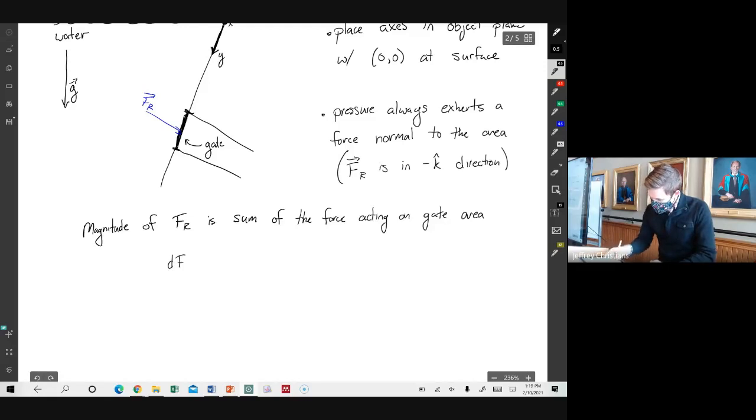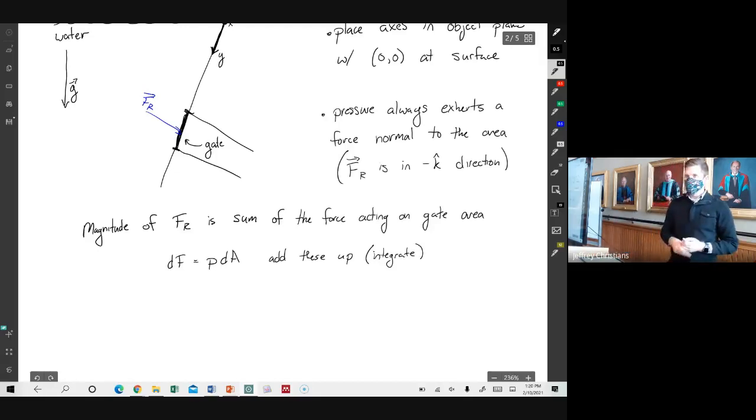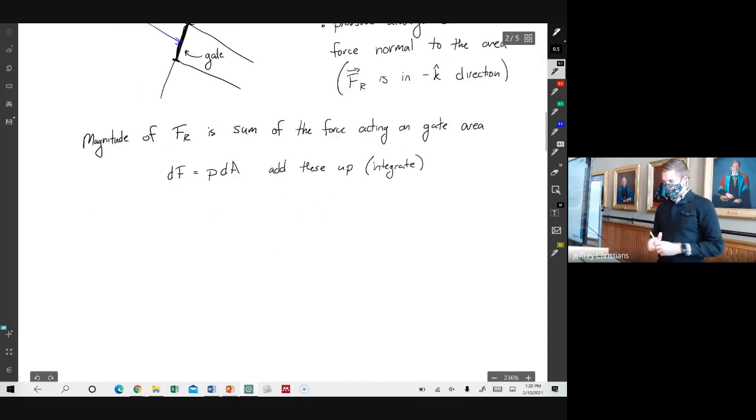So a differential force is equal to the pressure times a differential area. Then we can add these up, which is what we do when we do an integral. So our resultant force, FR, is the integral over the area of our shape of P dA.